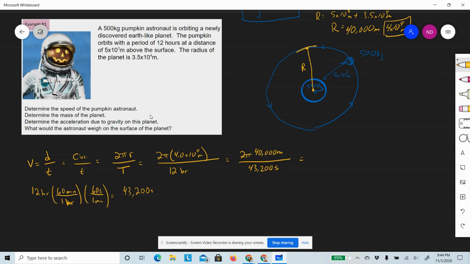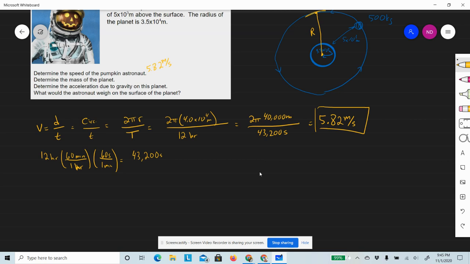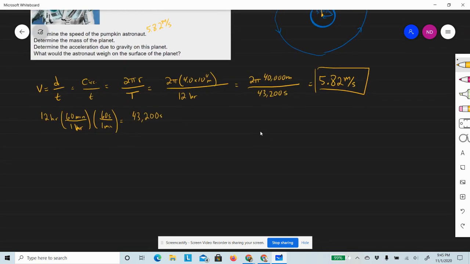So we get the speed of the pumpkin astronaut to be 5.82 meters per second. Distance divided by time.